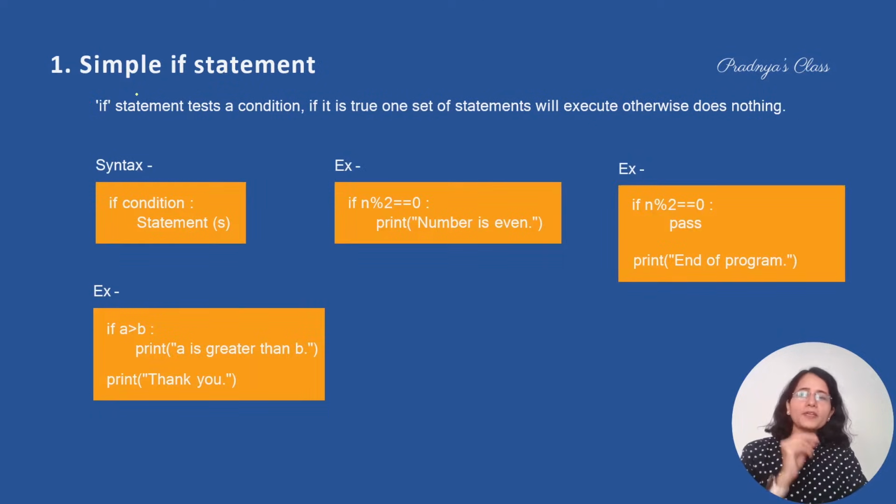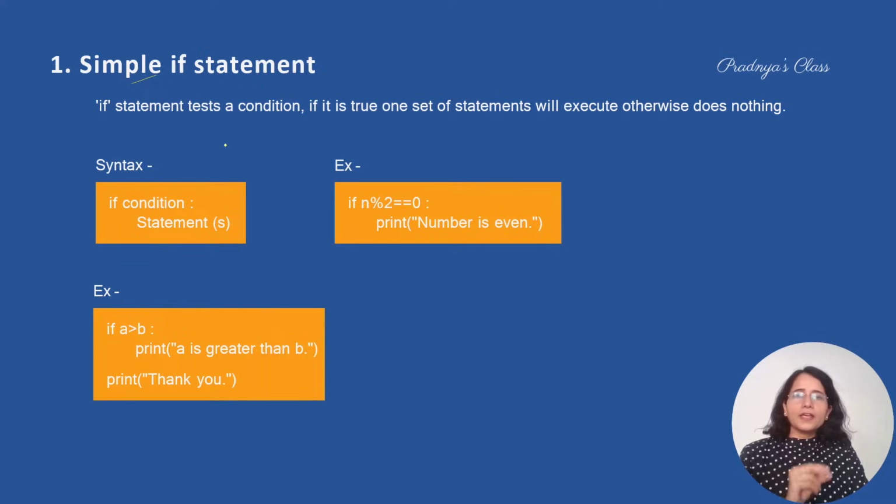The first form is simple if. Here we are checking the condition along with if. If the condition is true, one set of statements will execute. But what if the condition is false? We are not doing anything in this. So let's check out the syntax of if.